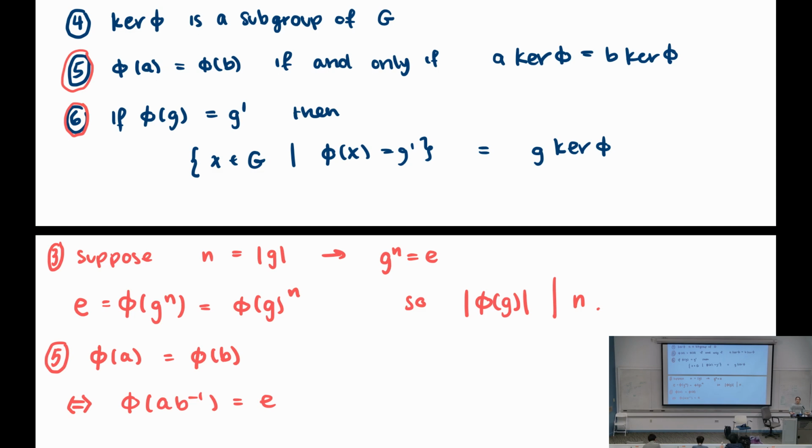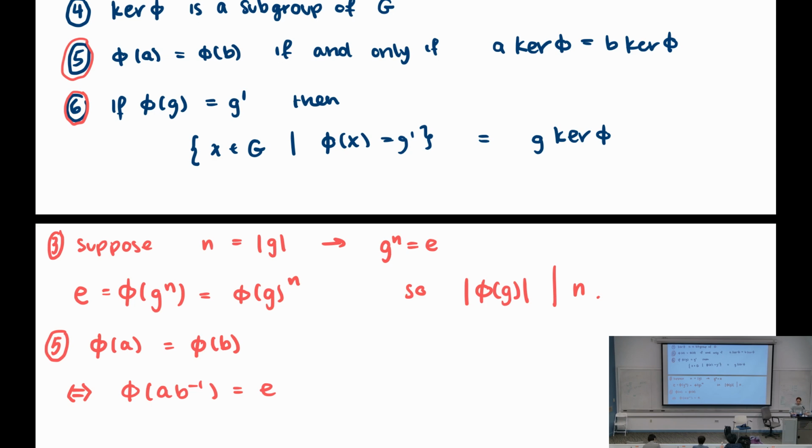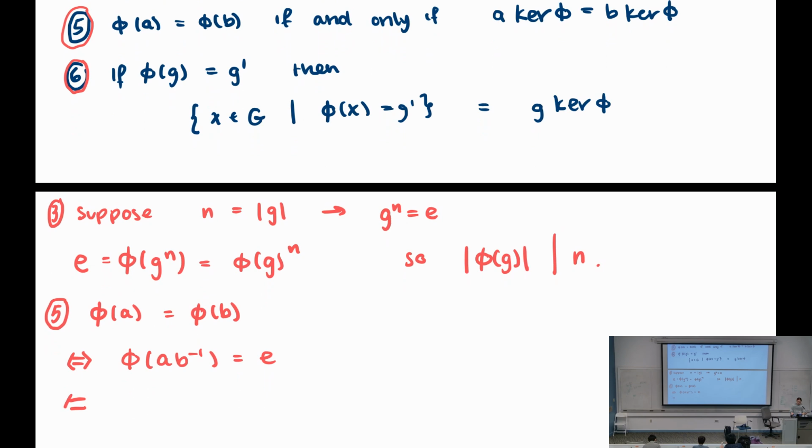Is this step clear? This is by property 2 of this theorem. If I multiply both sides by phi of B inverse, then I get here. So this is true if and only if A B inverse is an element of the kernel of phi.